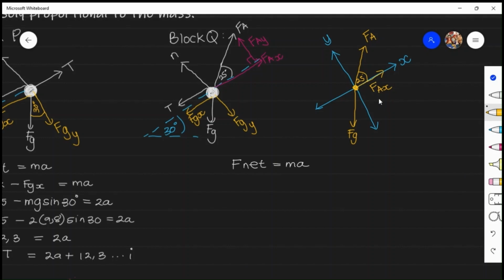So let us now try to investigate what are we going to use for FAX? Are we going to use cos or are we going to use sine? So before we do that, let us quickly complete our triangle.